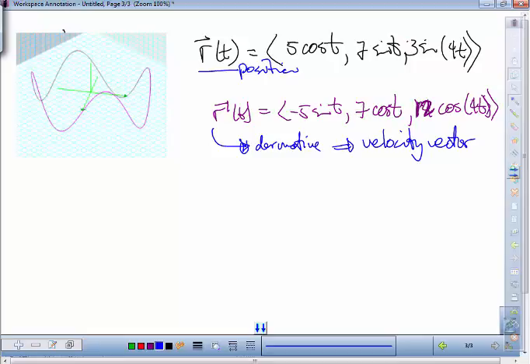If you take the second derivative, it'll be the acceleration.